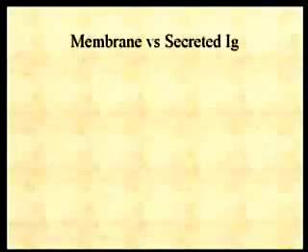Okay, the last thing I want to cover is membrane versus secreted immunoglobulin. If you remember, we said that the mature B cells have on their surface these two classes of immunoglobulin, IgM and IgD, that act as the receptor for antigen.